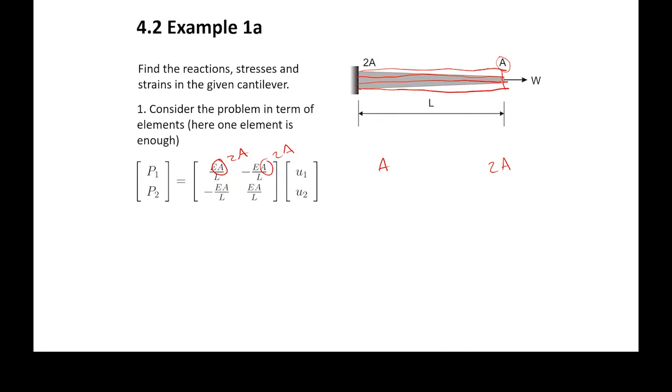And in this case, because this cross-section is weaker, the displacement is larger. The actual one, I'm going to call it a dash. Now, a is going to lead to a larger displacement than a dash, because a dash is stronger than a, whereas the 2a cross-section is going to be stronger than a dash.